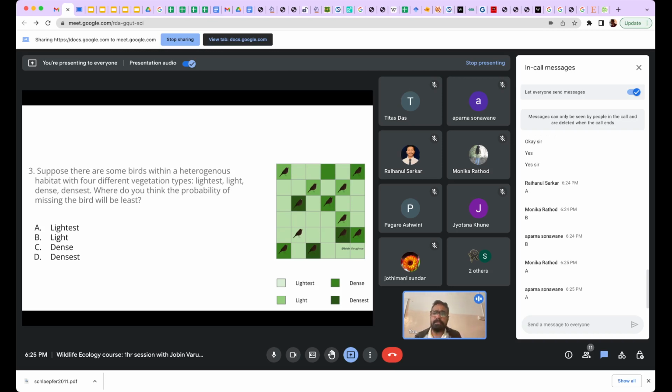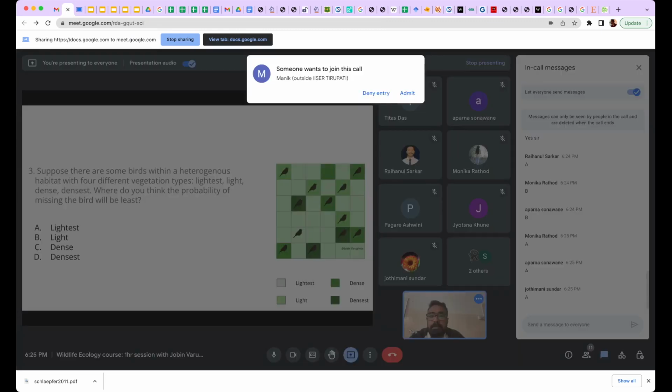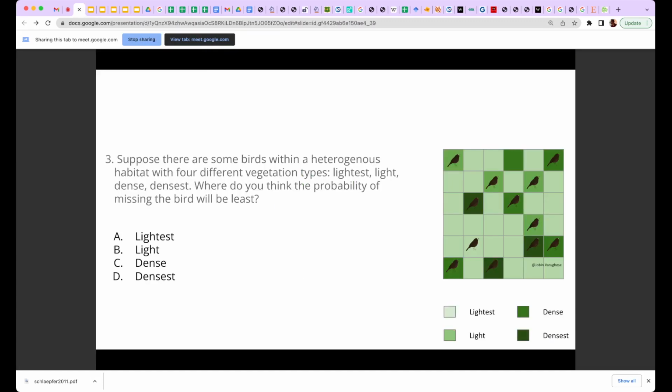The question is basically, this square is the habitat. Jyotimani says A. Okay, good. So this is the habitat, and within the habitat there are four types of vegetation types.